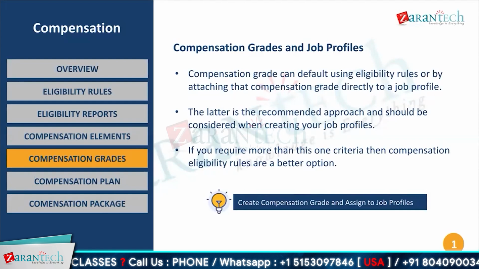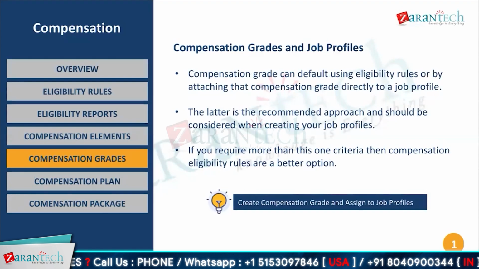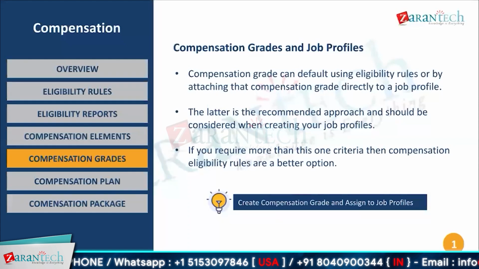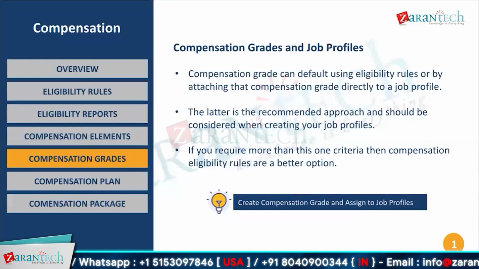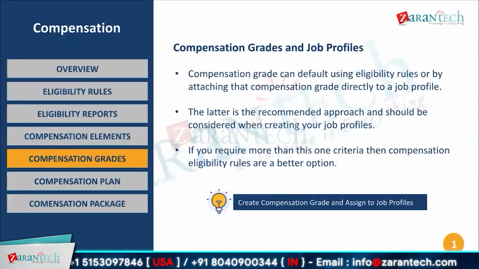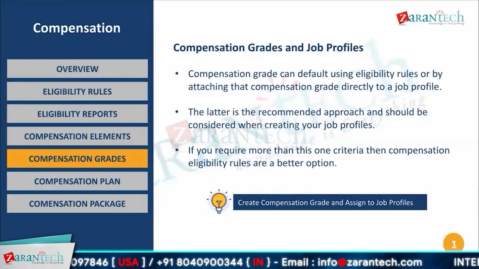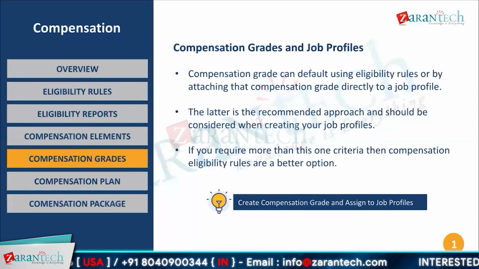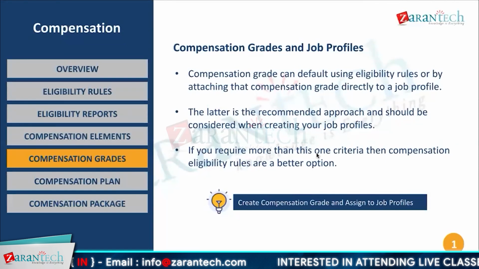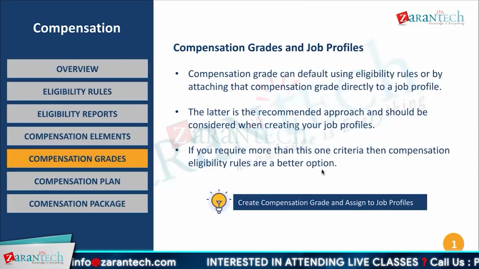That's why we prefer the compensation eligibility rules, because you can use a combination of things, like your management level, your location, and the country also. The other one is restricted to job profile. That's why, if you go to the third point, if you require more than one criterion, then compensation eligibility rules are a better option.